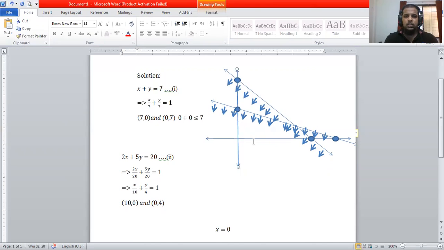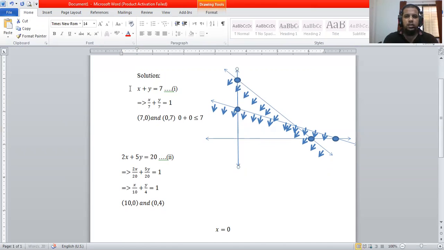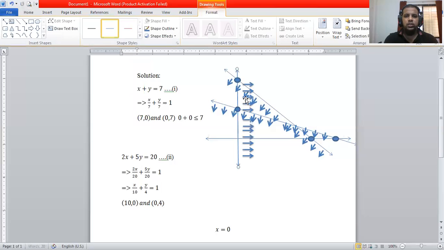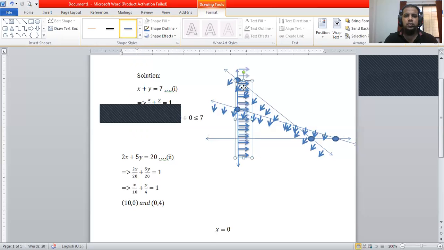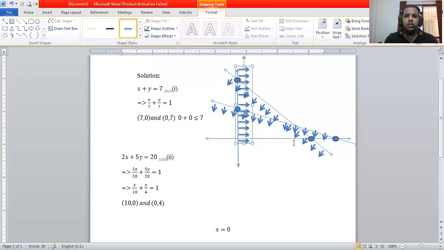As it is x is greater than 0, that's why we have to put the sign. It is greater than 0, that's why we have to draw it. Its direction will be on the positive side.